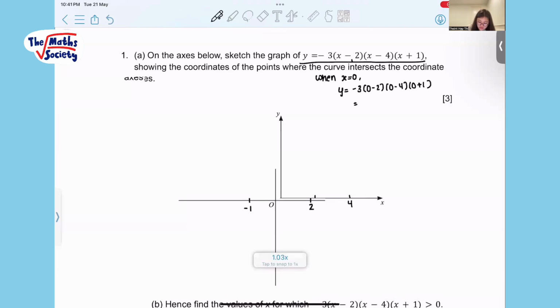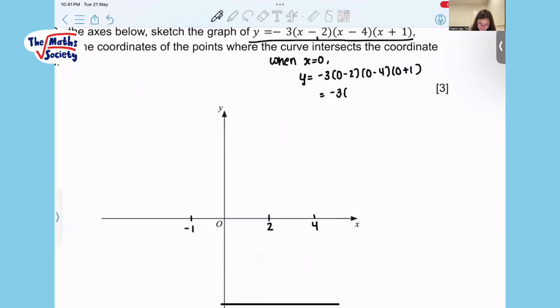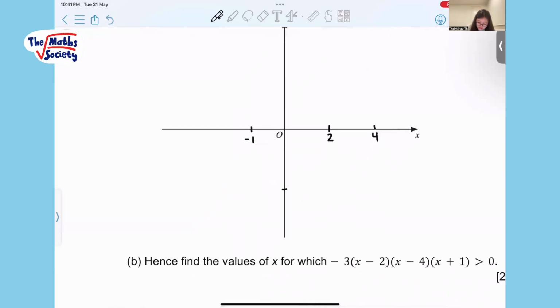So you'll have -3, which is times -2, and then times -4, and times 1, which is -24. So we know that it's going to intersect at -24. So we just put -24 here, and we'll try to draw a cubic graph.